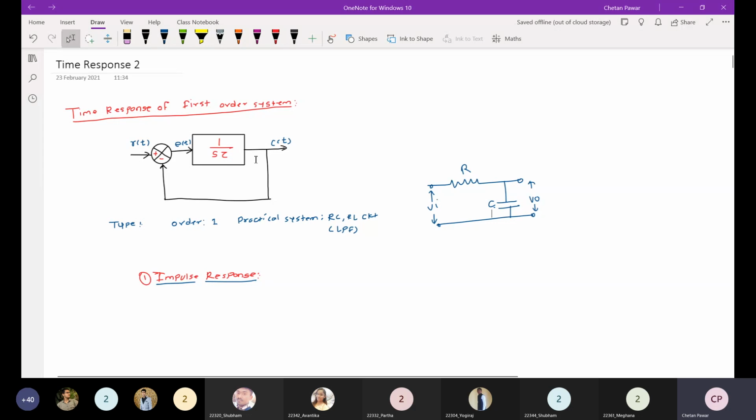And what is the type of this system? Anyone can reply.